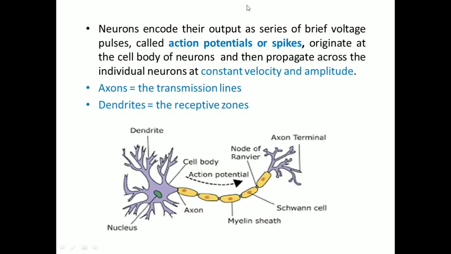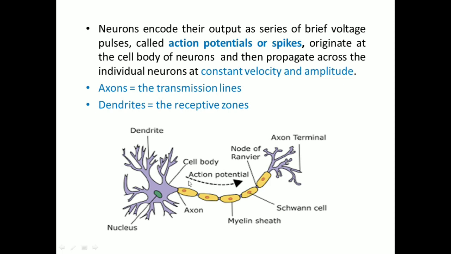Now let us see how neurons encode their outputs. Neurons encode their outputs as a series of brief voltage pulses, which are called action potentials or spikes. Here you see an action potential. This is the potential through which neurons encode their outputs.